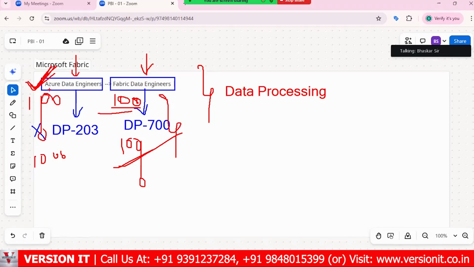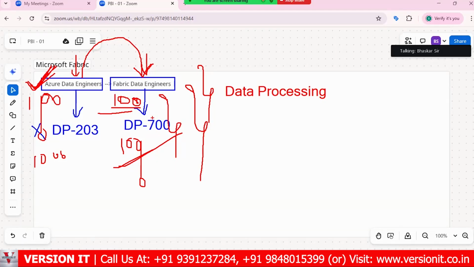They don't want completely Azure Data Engineers. So either Azure Data Engineers have to migrate to Fabric Data Engineers, or some companies will say purely Fabric Data Engineers. This is the place where we fit. We have more openings and fewer resources, so this is one of the best choices if you want to work as a Fabric Data Engineer.